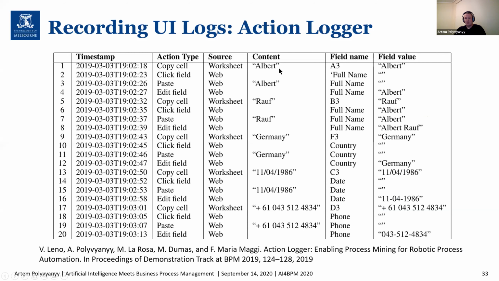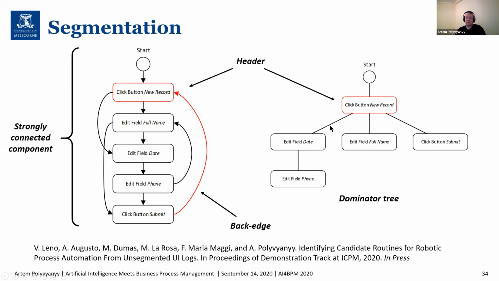Let's say which cell in the worksheet was clicked, what the field value was, etc. So there are additional attributes which you need to collect in order to support the RPA use case. And that's what our tool Action Logger is doing. It records those UI logs.